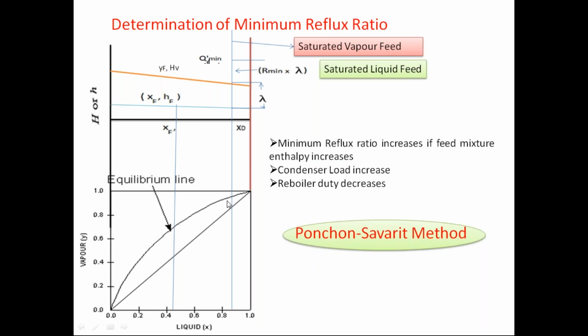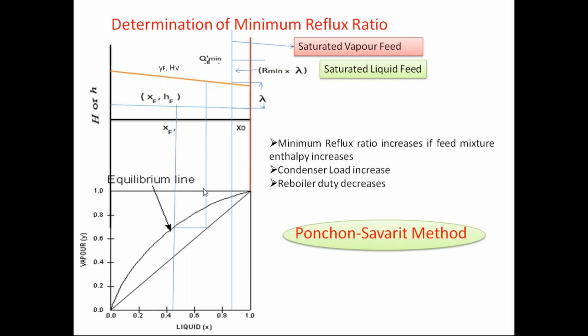When you draw these two lines, one at xF and another at xD, you can find out the corresponding value on this diagram by drawing this one. So you will get the corresponding enthalpy, and also the composition which is equivalent to the xF value.